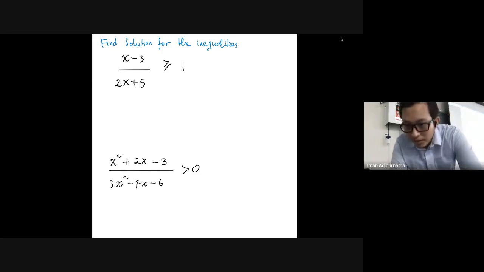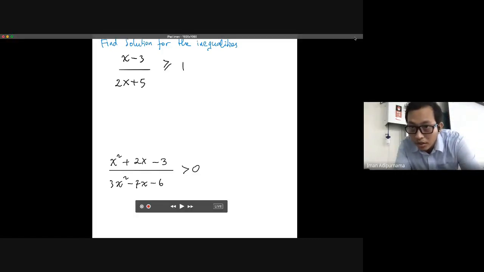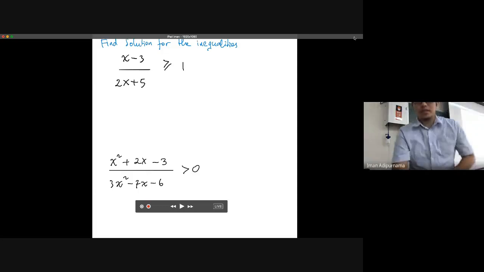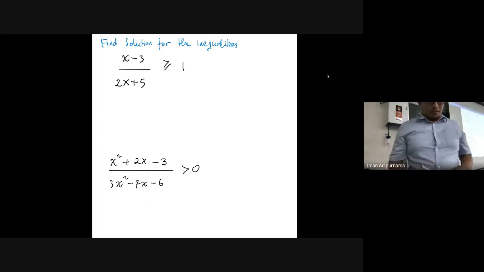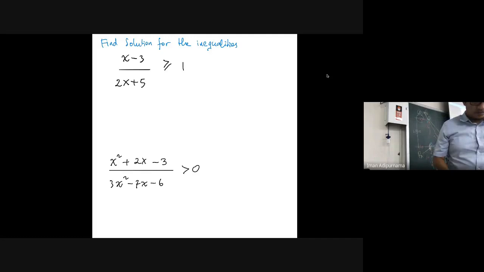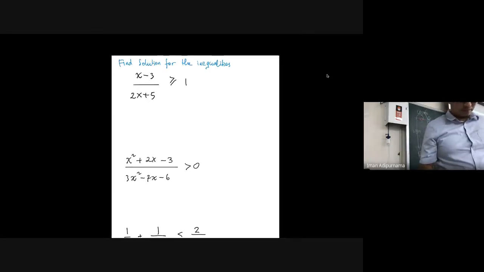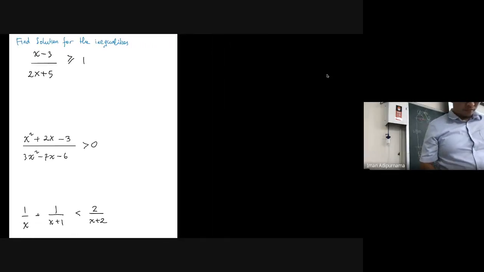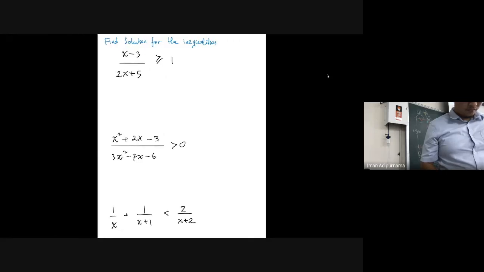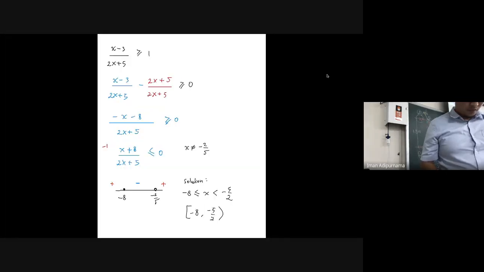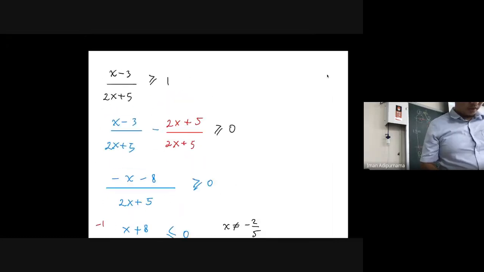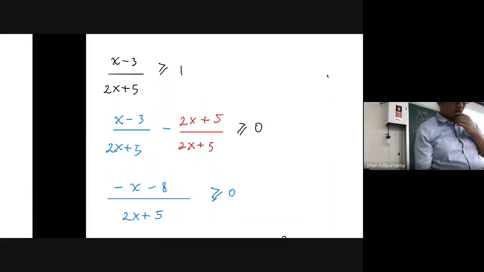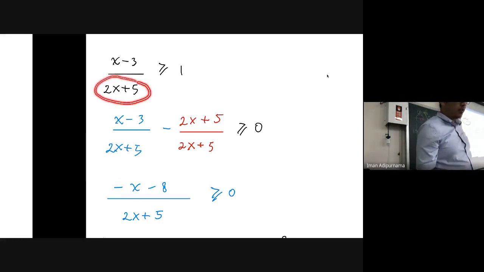Let me guide you to the solutions. This is for number one. I noticed some of you have 2x plus 5 in the bottom, and then you multiply it away.